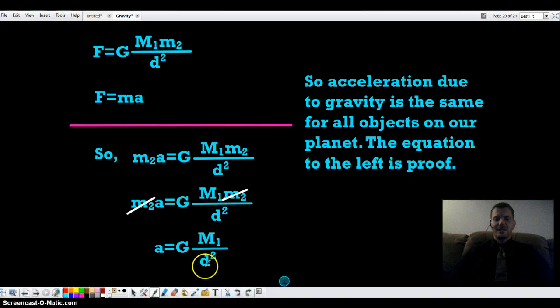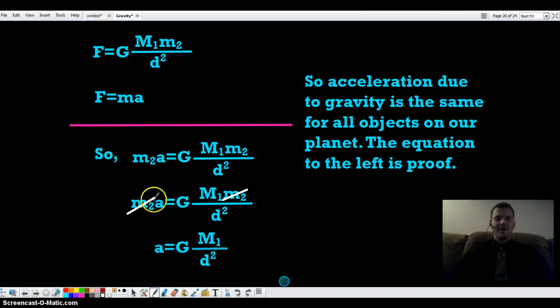If our d was much smaller, meaning that we're down at sea level, this is much smaller, which would make our acceleration much what? Larger. If our distance is much larger, like if we're on the top of a mountain, the acceleration would become much smaller. So the distance from the center of the Earth would definitely make a difference.